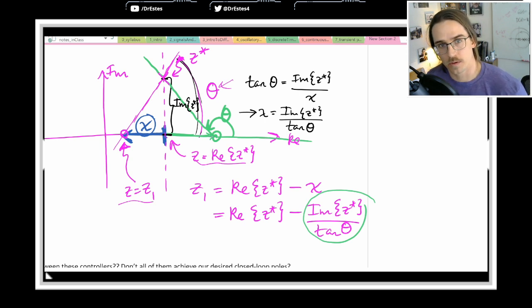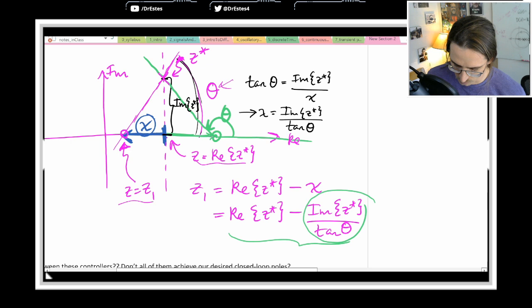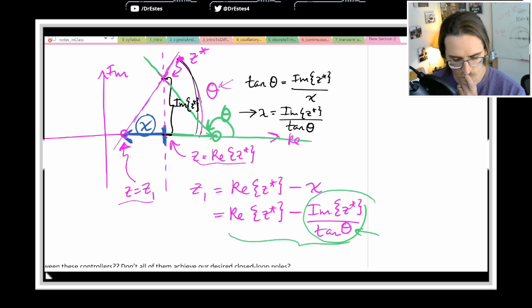Now, if we have a pole, we know that poles contribute a negative angle. We could use this same formula, but when you put in theta, you'll still put the positive angle.